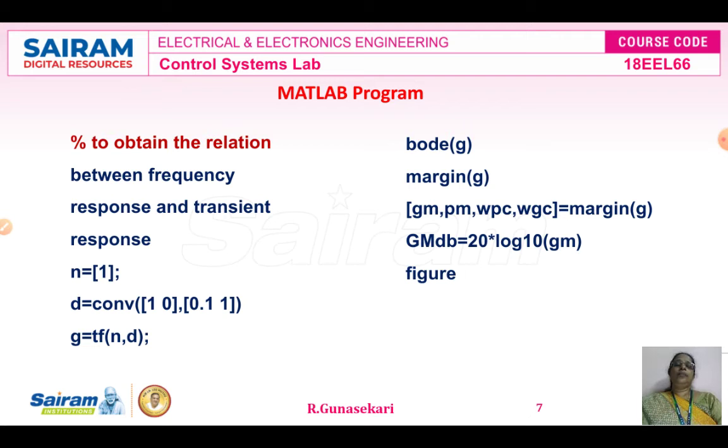Then bode of the system G. Then margin of G, which gives gm, pm, omega pc, omega gc: gm is the gain margin, pm is the phase margin, omega pc is the phase crossover frequency and omega gc is the gain crossover frequency. Now you can calculate the gm in decibels, 20 log 10. After that, the figure is simulated.